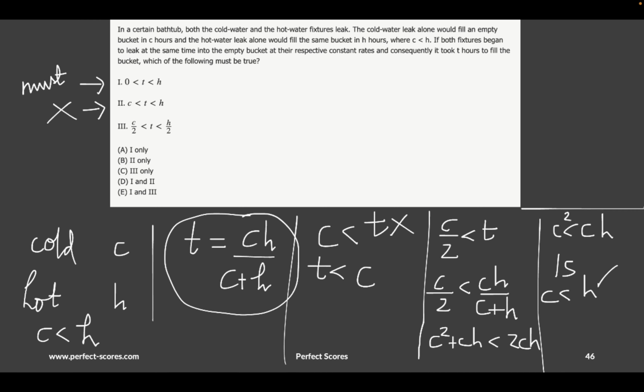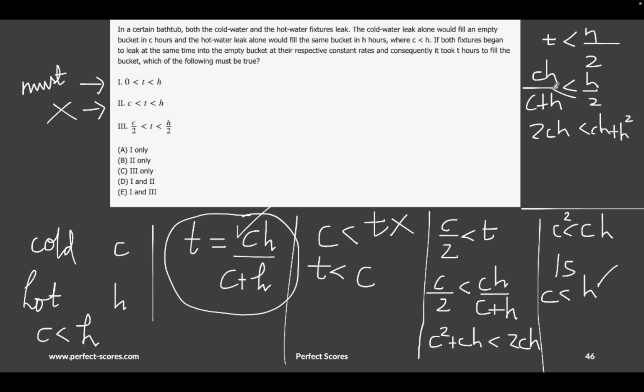Let's look at the next one, which is t is less than h by 2. What we'll do is substitute it back again. This expression is ch over c plus h less than h by 2. So we'll get the same thing, 2ch on this side and ch plus h square on this side, right?